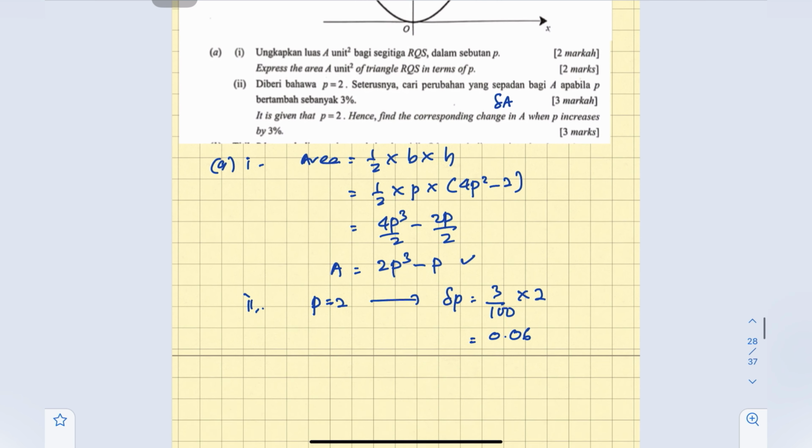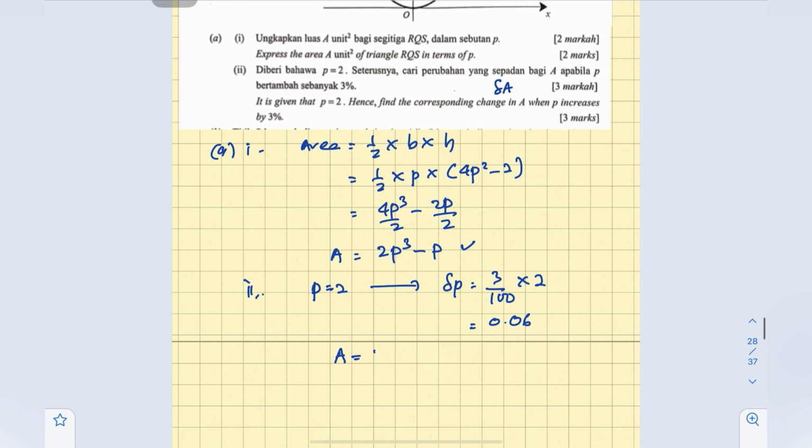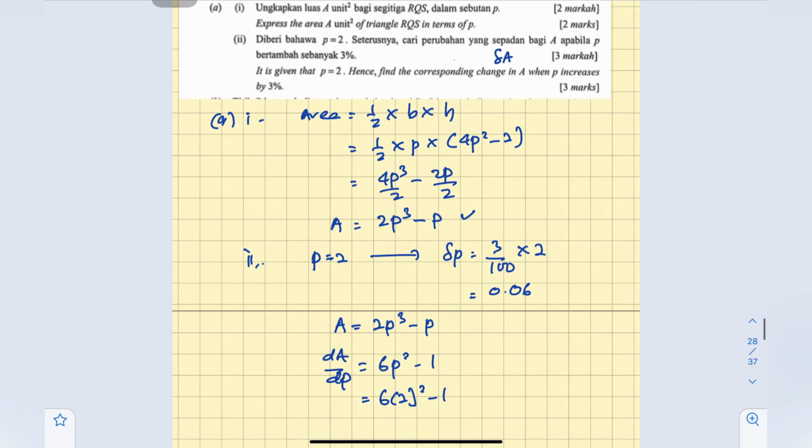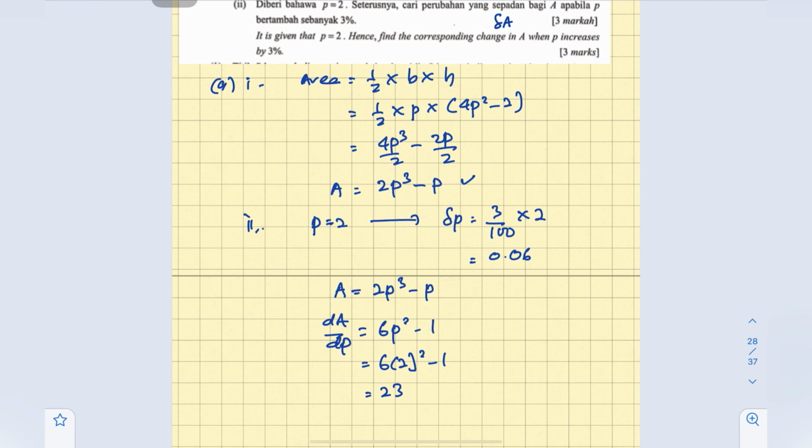From here we have A equals 2P cubed minus P. So dA/dP equals 6P squared minus 1. Then P equals 2, substitute: 6 times 2 squared minus 1. So dA/dP equals 23.